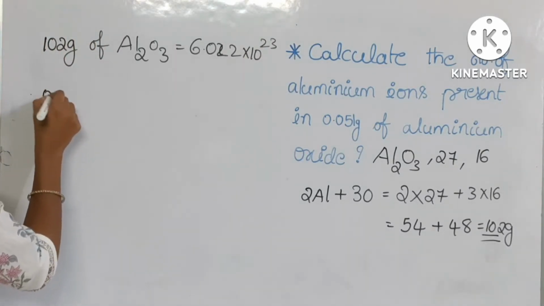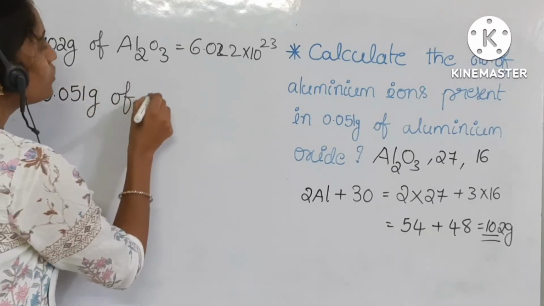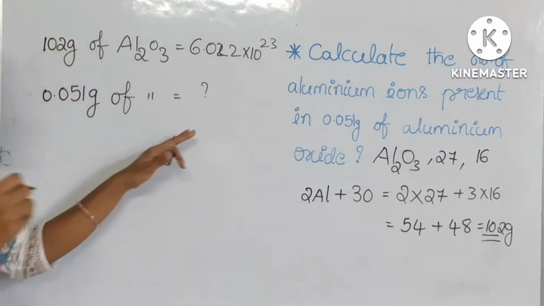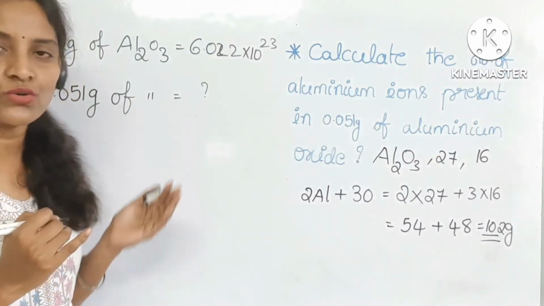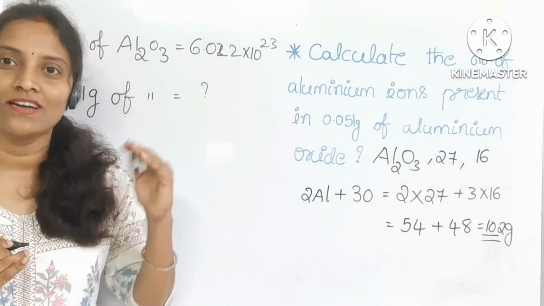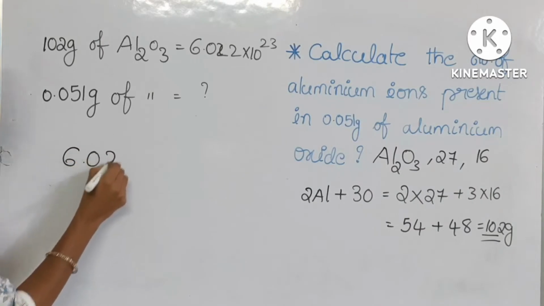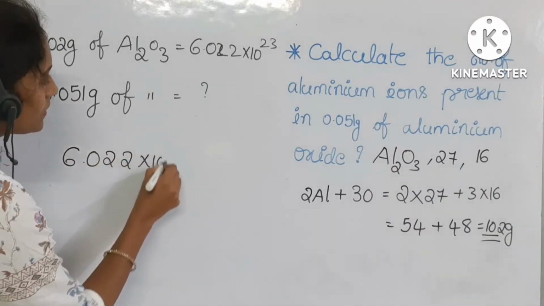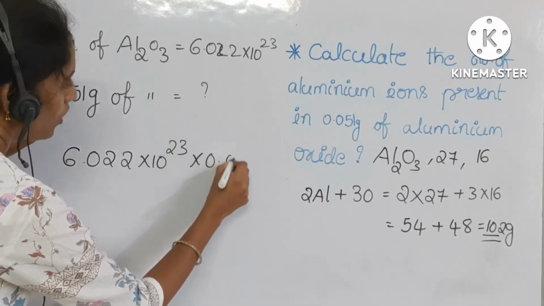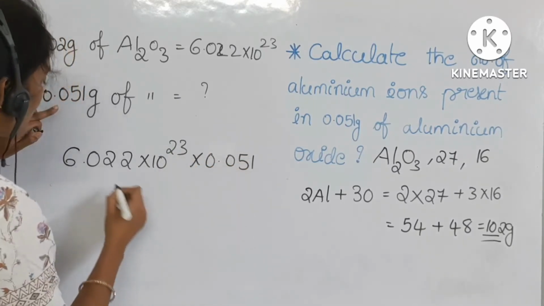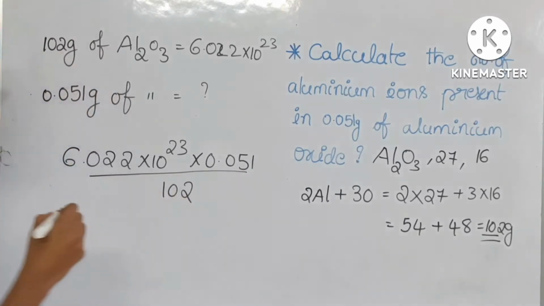Then, how many aluminum ions are in 0.051 grams of Al2O3? You should calculate it. Same old story here also: you can repeat the cross multiplication. Then you will get 6.022 into 10 power 23 into 0.051 grams divided by 102 grams.